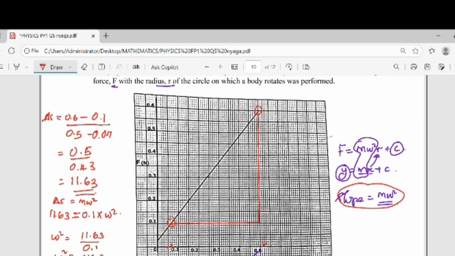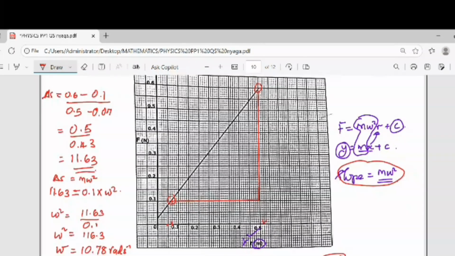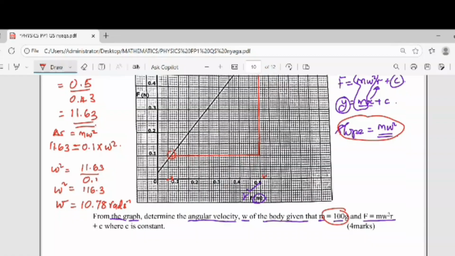So our omega will be the square root of 116.3, and this will leave us with 10.78 rads per second, like that. So now we have solved that.